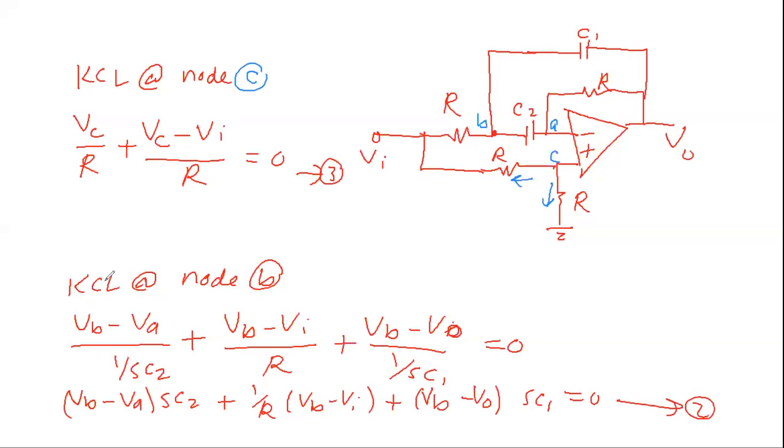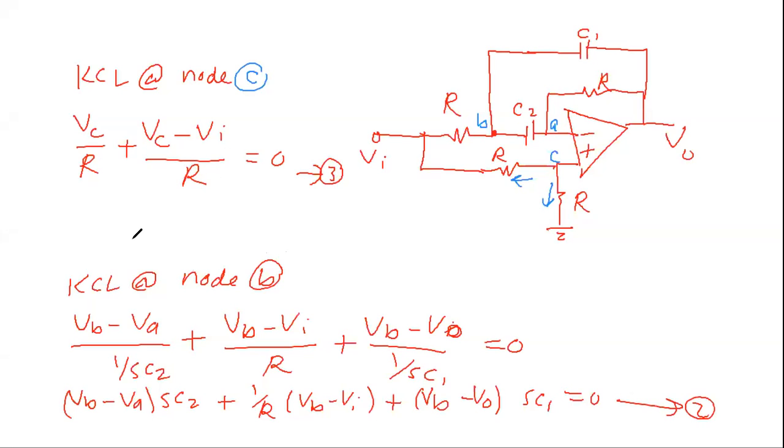So how many unknowns do we have here now? If we substitute between equations 1, 2, and 3, we will still have one unknown in the equation other than VI and V out, right?